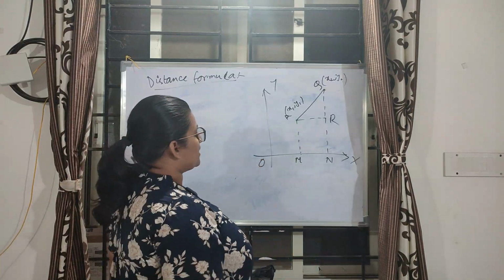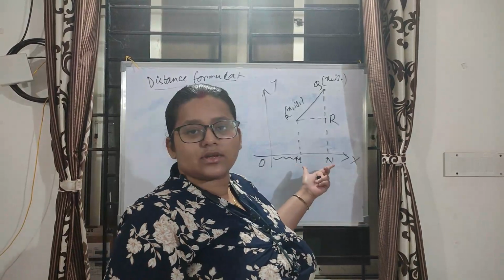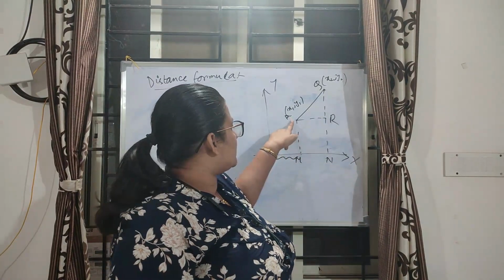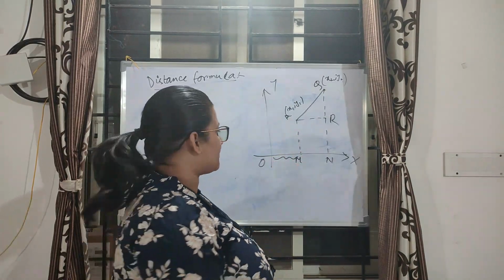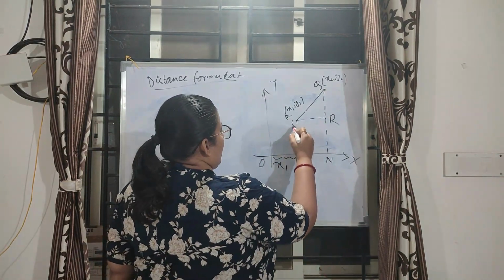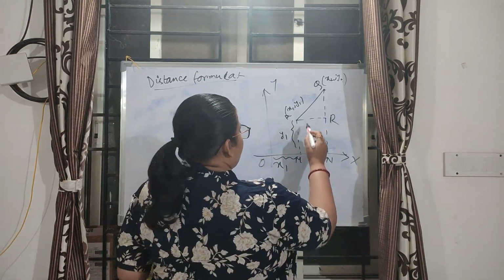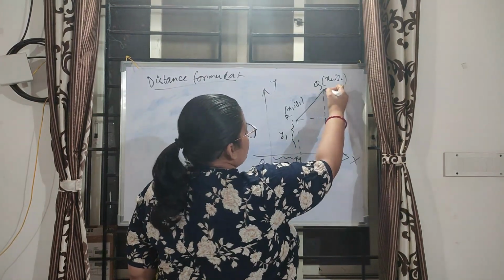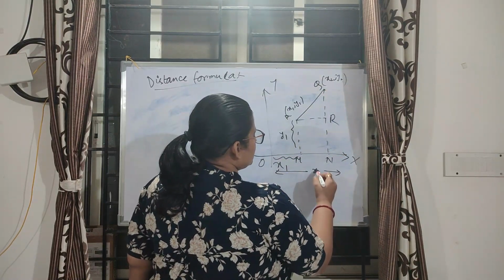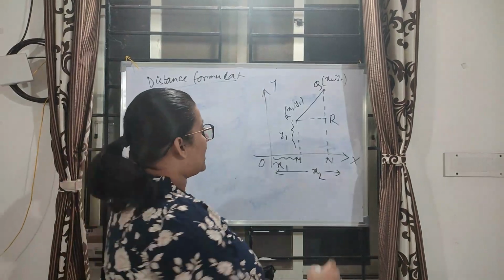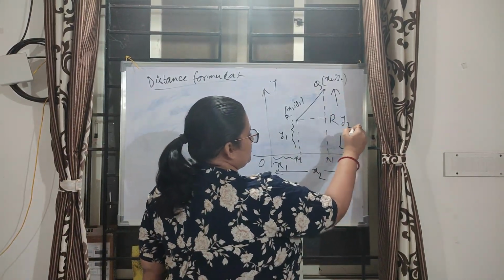Just tell me, this distance OM is x1, right? Because the point P (x1, y1) is here. So OM is x1 and this PM is y1. Now our x2 point is here. So from O to N, this is x2, and this whole Q to N is y2.